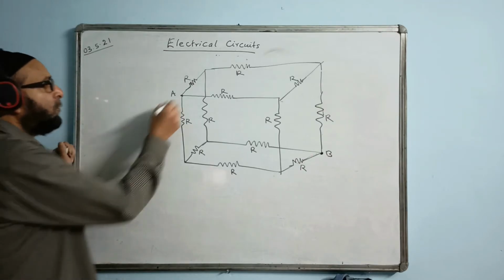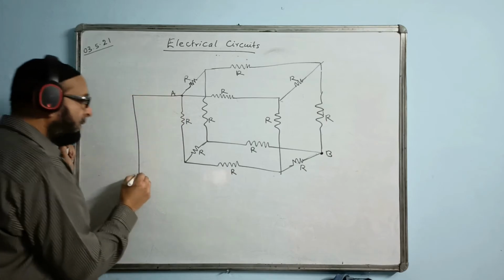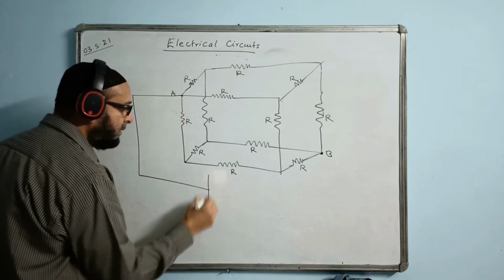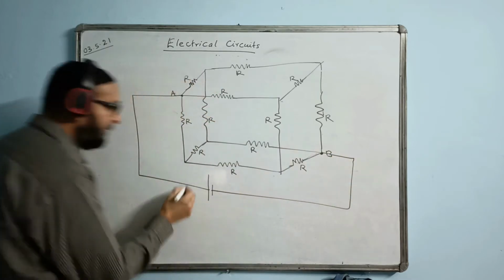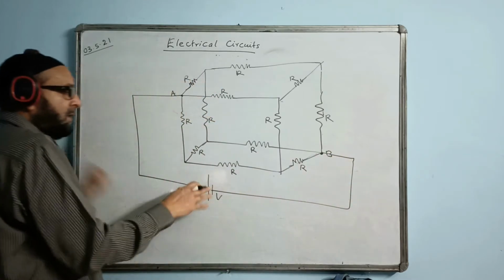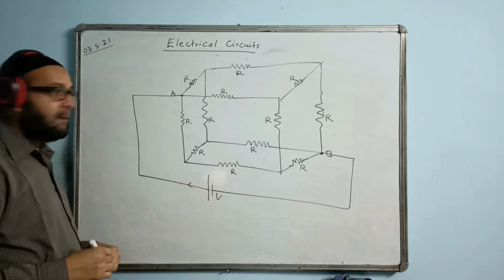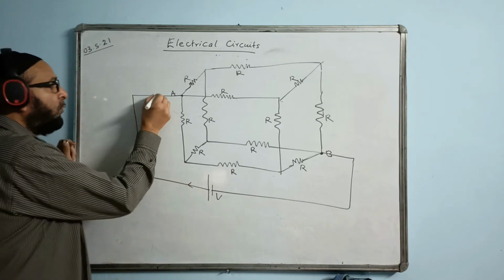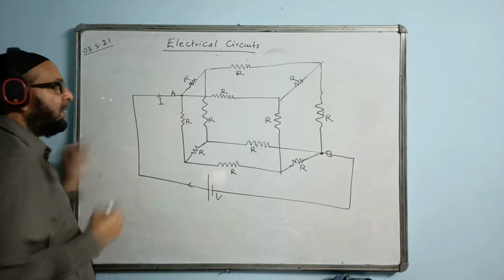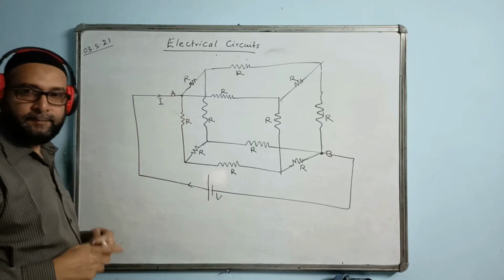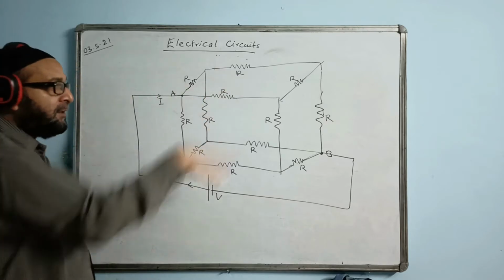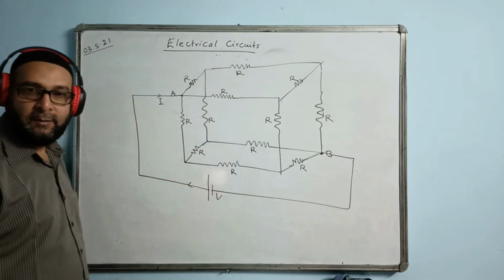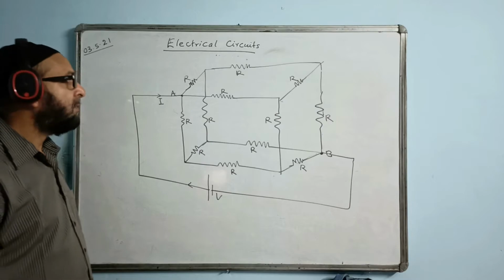Okay, now see how we are doing it. We will be sending current to the circuit between A and B only, from a source of V. Total current flowing is suppose I. We will distribute the current and then apply Kirchhoff's law and find total resistance.